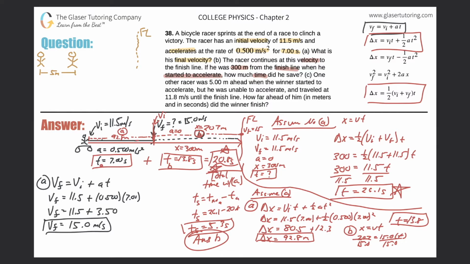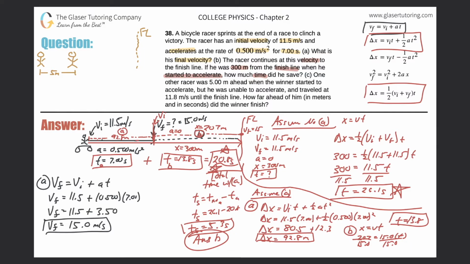One other racer was 5 meters ahead when the winner started to accelerate, but he was unable to accelerate. Who's he? These questions are sometimes not detailed enough. He traveled at 11.8 meters per second until the finish line. How far ahead of him in meters did the winner finish?